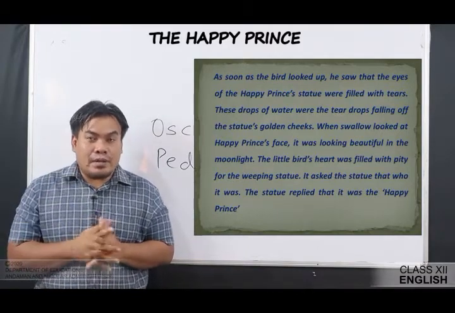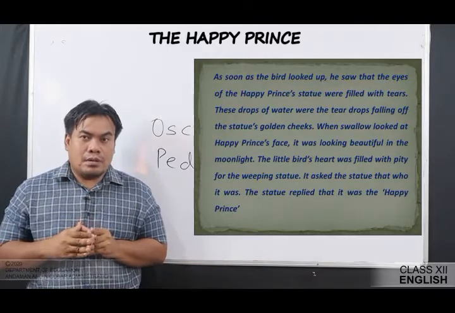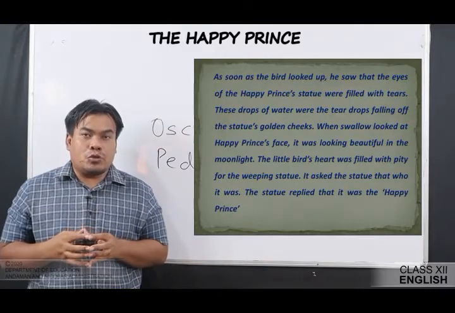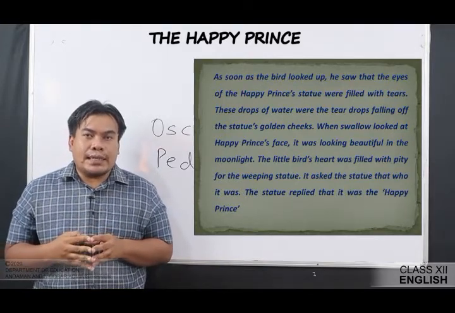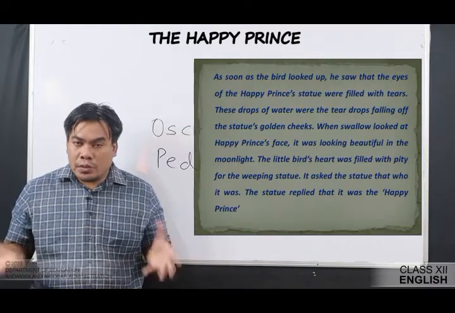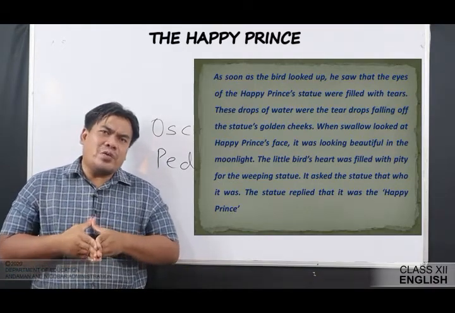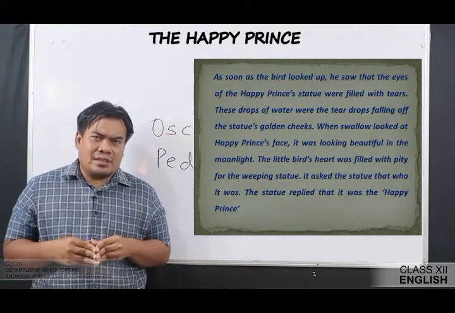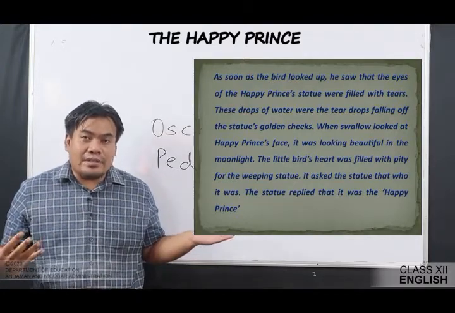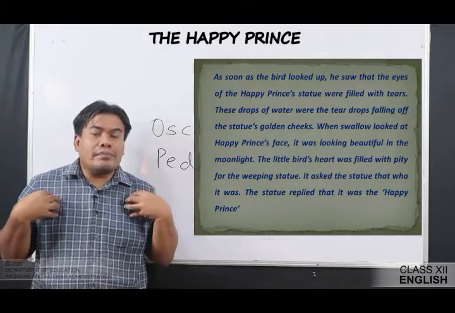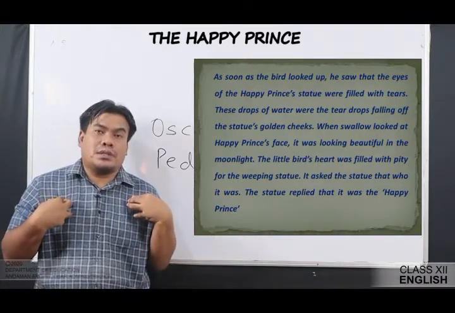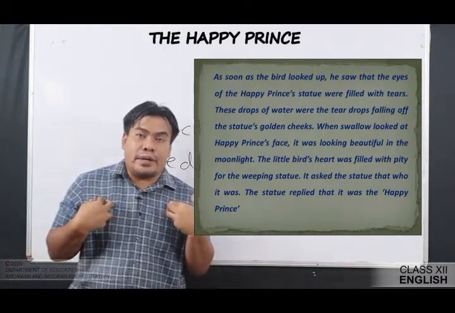This is there in your book. Have a look. The bird, the swallow, is now asking this question to the statue. "Who are you? Why are you having tears in your eyes?" And the statue responded, "I am the happy prince."